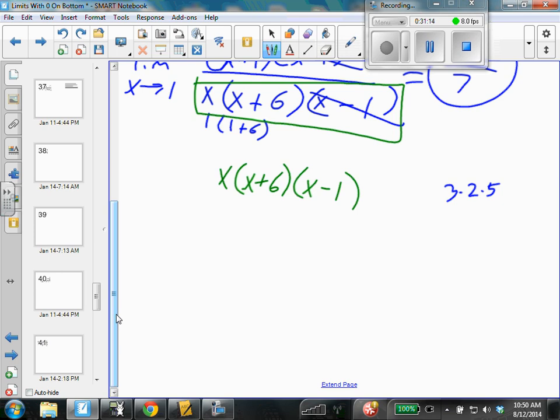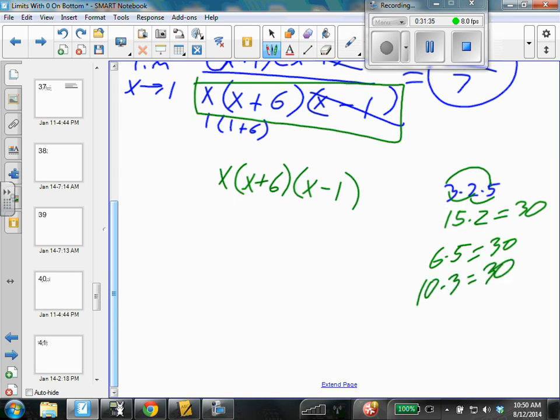So when there's a string, you can do the 3 times the 5 first and get 15 times 2, and you'll get 30. Or you can do the 3 times the 2 first and get 6 times 5 and get 30. Or you can do the 2 times the 5 first and have 10 times 3 and get 30. Right? So the associative property says that you can group any two of the numbers together first.